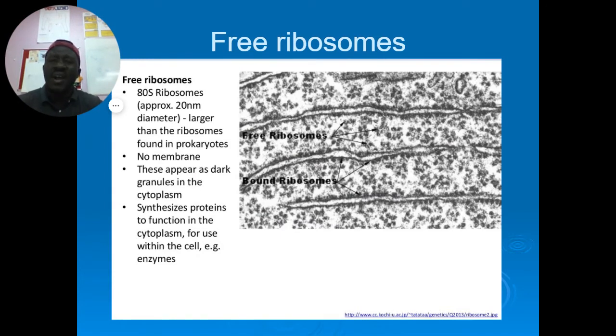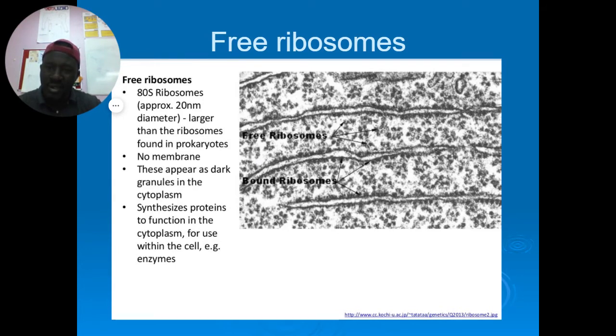Then we look at another organelle which we call ribosomes. Ribosomes in eukaryotic cells are free. If you look at them, they are bigger than the ones we saw in the prokaryotes. These ones are 80S ribosomes. They are approximately 20 micrometers in diameter, larger than the ribosomes found in prokaryotes.